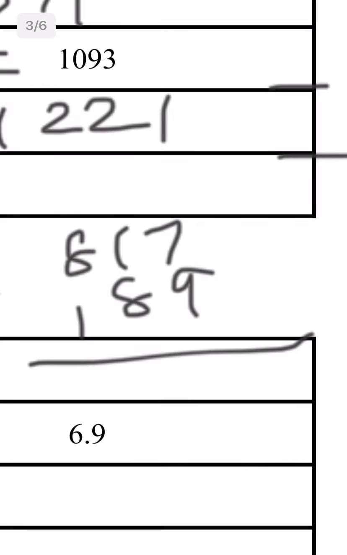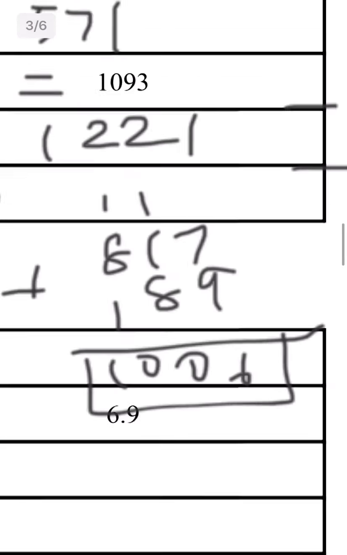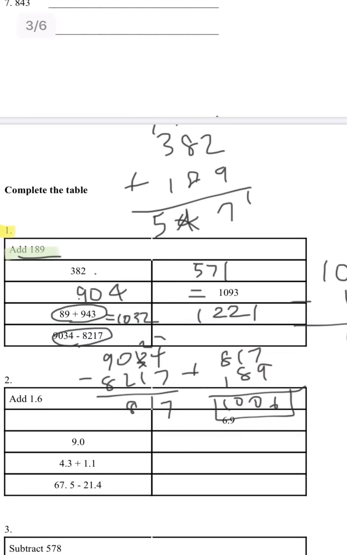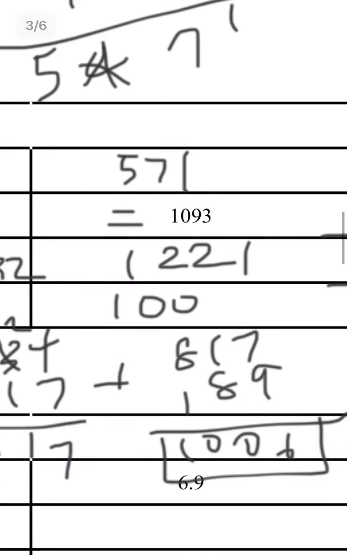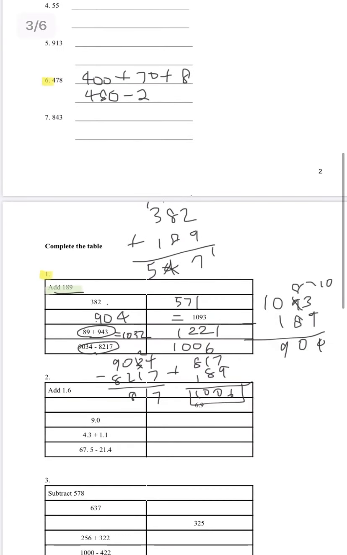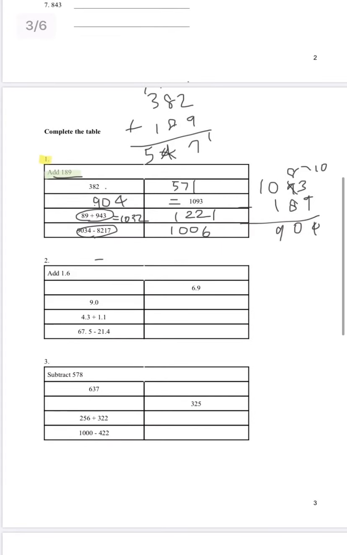So then it becomes 1006. Okay, so let's write 1006 here. Okay, there I'll clean up the mess. So then you guys could pause it and work on the rest of the page.